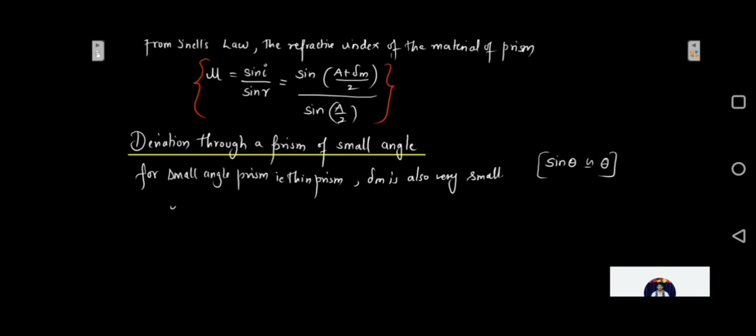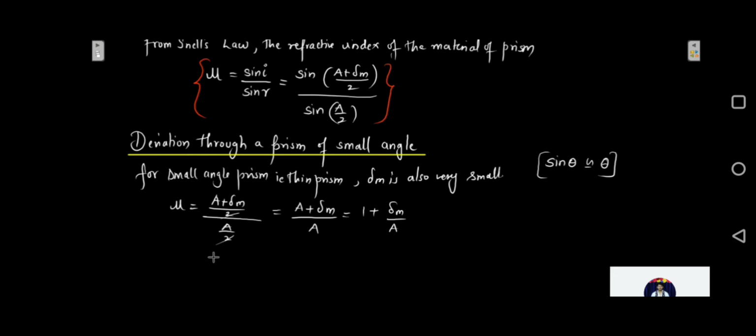So I can say that mu is equal to, instead of sine I will just write down the angles, this is going to be (A plus delta m) upon 2, the whole divided by A upon 2. So this 2 and 2 will get cancelled. You will get (A plus delta m) upon A. So if you split this A to both of them, you will get 1 plus delta m upon A. I'll take this 1 to the other side.